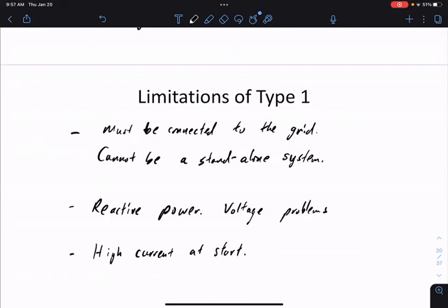So why is pulling a lot of current from the grid bad? What tends to happen if you pull a lot of current from the grid? So what in the grid senses high current? Right, so we have an inrush current that's very large.